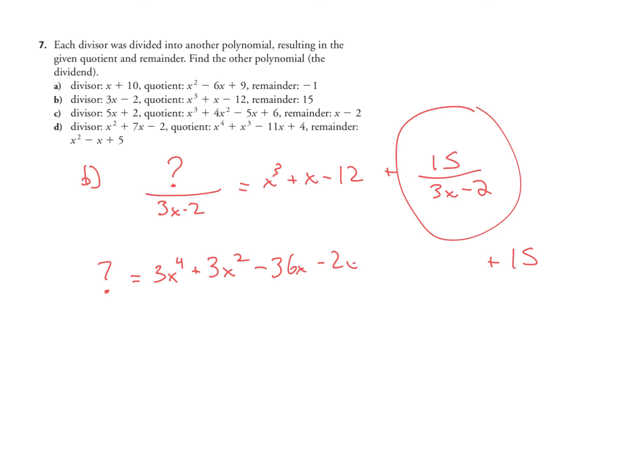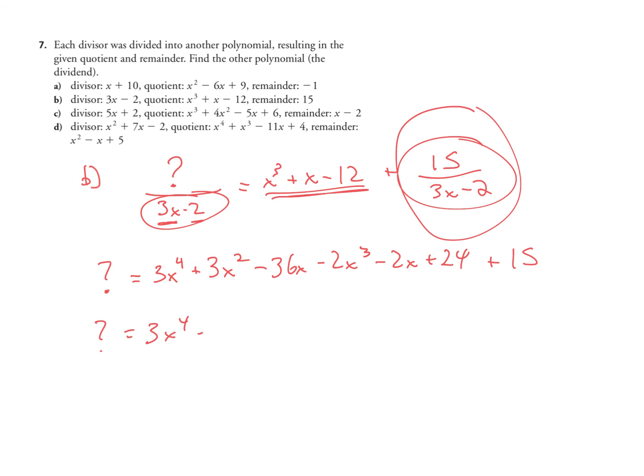Minus 2x cubed minus 2x plus 24. I did the first term times all of them, and then I did the second term times all of them. And I still have my plus 15, because both terms times this is just going to be plus 15. So question mark is equal to 3x to the 4 minus 2x cubed.